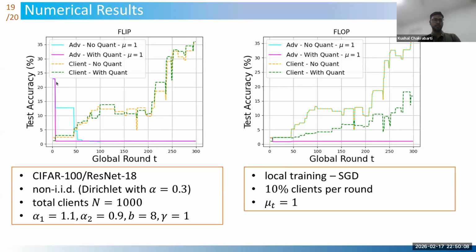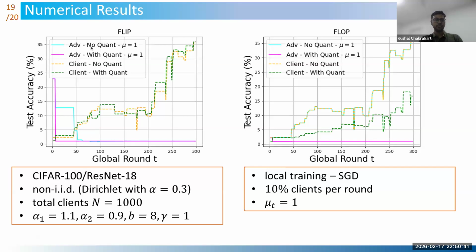We let them start from the same point, but you can see that after around 50 or 60 iterations, the test accuracy drops significantly to settle at 1%. 1% because it is a CIFAR-100 dataset, so there are 100 classes. And if you have a random model, the prediction accuracy for each class is going to be only 1%. So the adversary is brought down to that level after some point.